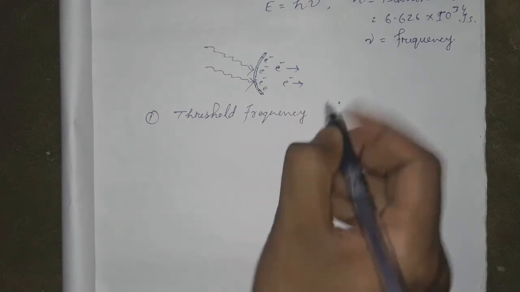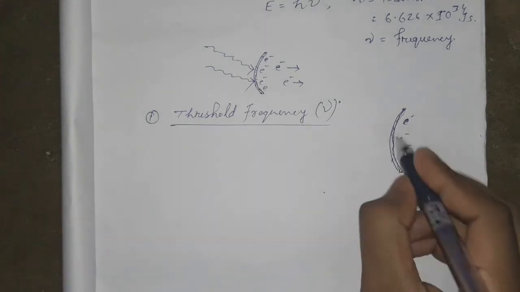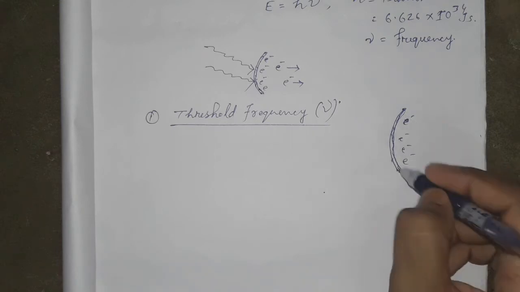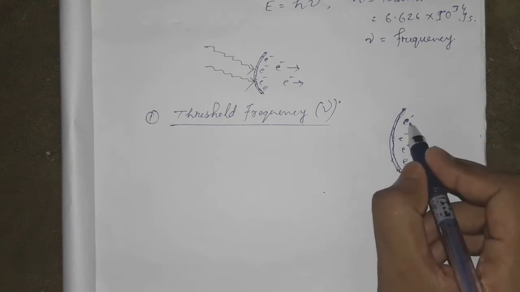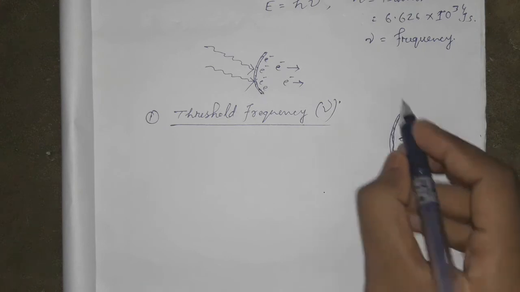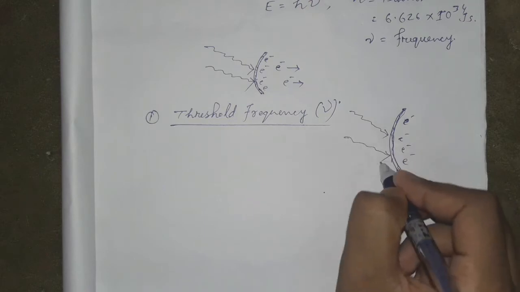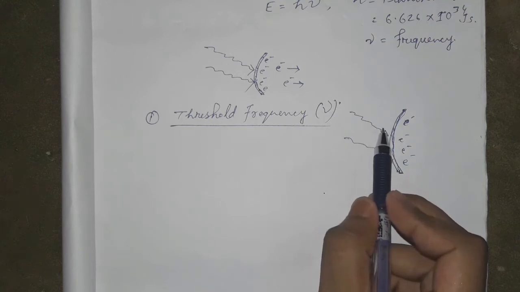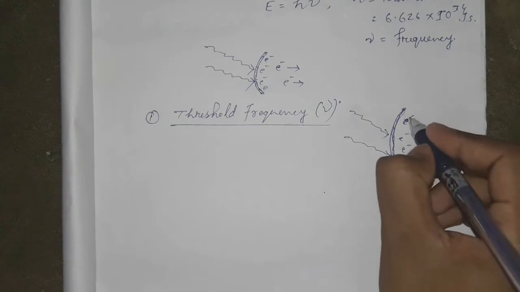Threshold frequency is denoted by nu naught. Again we'll consider a metallic plate or metallic sheet, very thin, very light. Free electrons are there. To remove free electrons, we need to shine light on it, but the light must have a minimum frequency so that these electrons can be ejected from the metal surface.